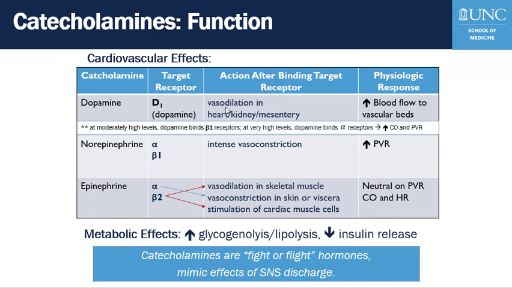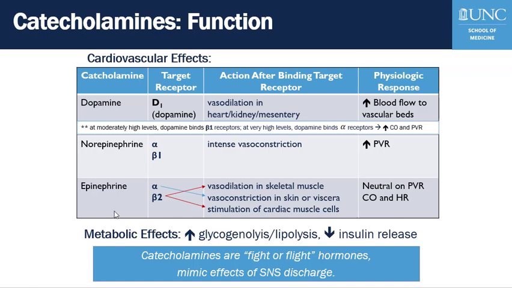Dopamine causes vasodilation in the heart, kidney, and mesentery, which results in an increased blood flow to vascular beds.